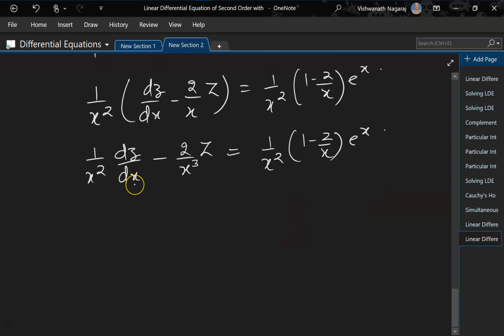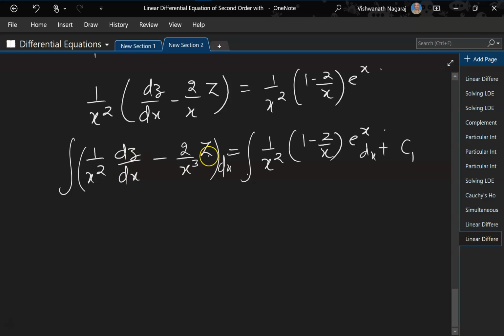Now remember, we don't really require dz/dx, we want to get rid of it, which means we have to integrate it. So integrate both the sides, which means a constant of integration will come. Now let's write dx. Now how do we integrate this?